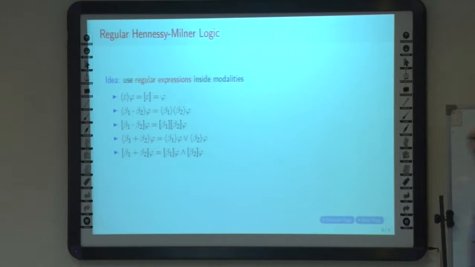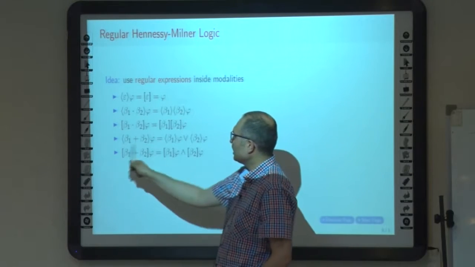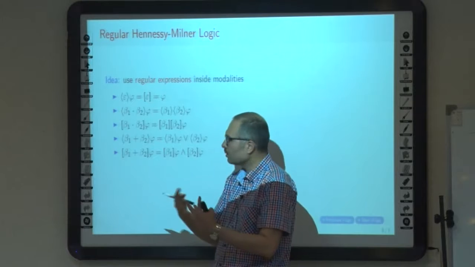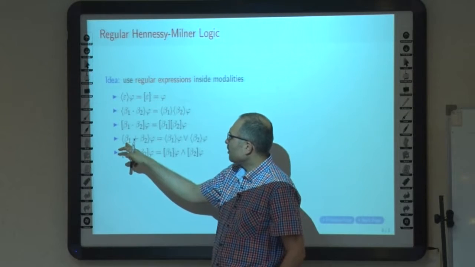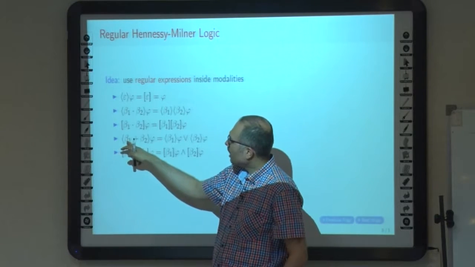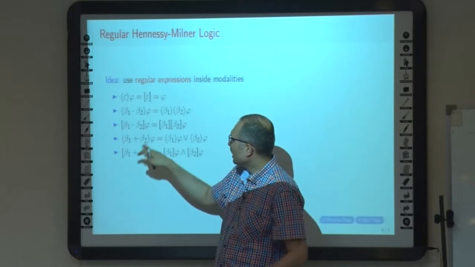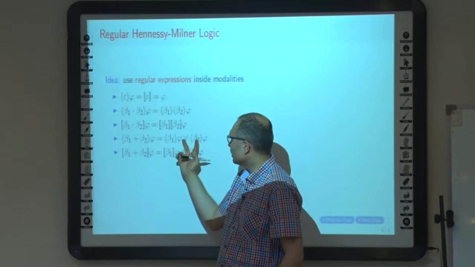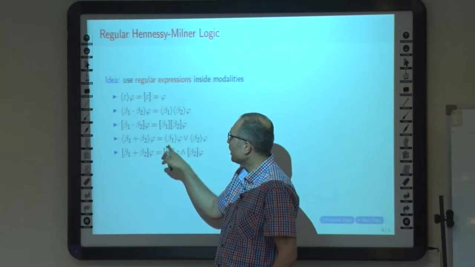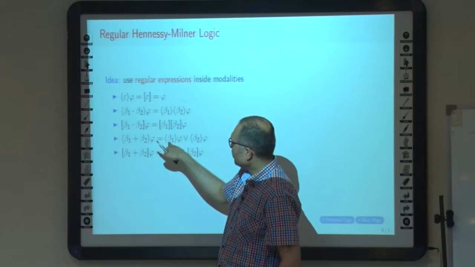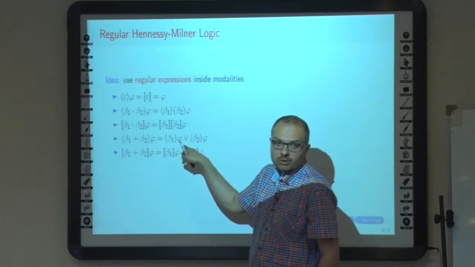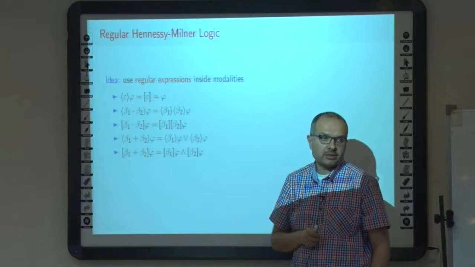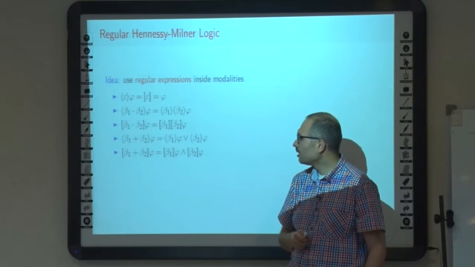Then you can have kind of choice among the traces, right? This is like union of the 2 traces. You should be able to do either beta 1 or beta 2, and afterwards phi should hold. That is defined to be either you should be able to do beta 1 and then phi holds, or you should be able to do a beta 2 and afterwards phi holds.